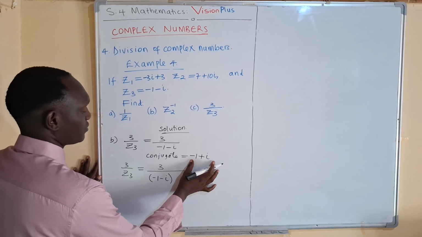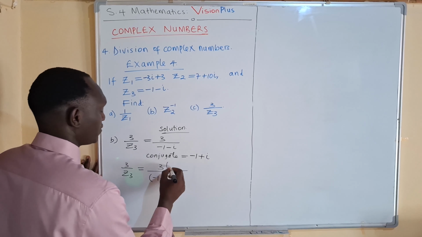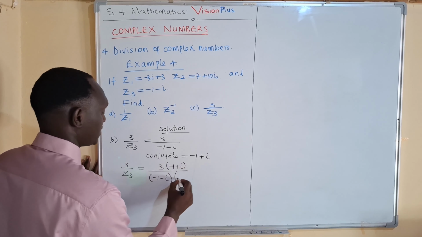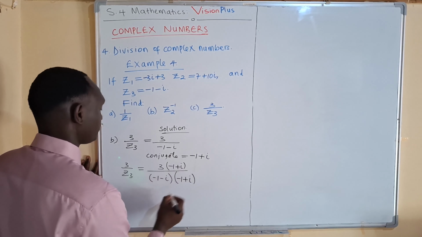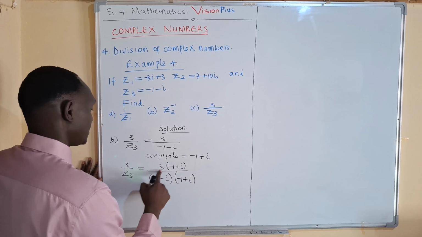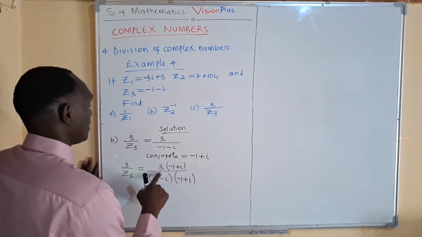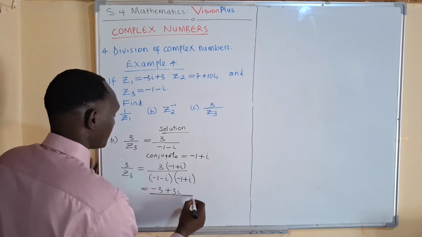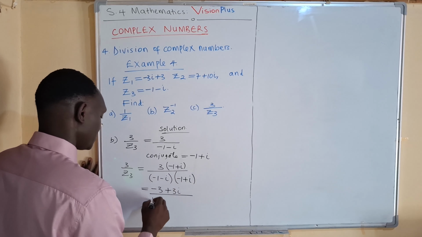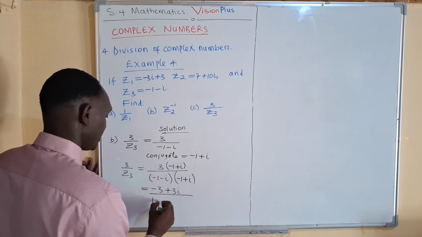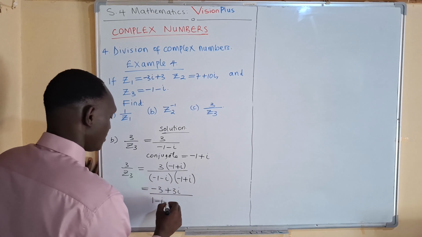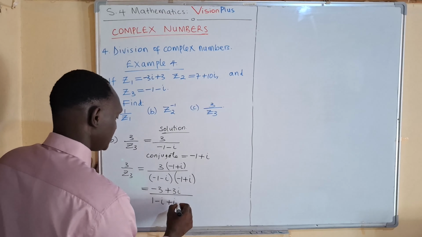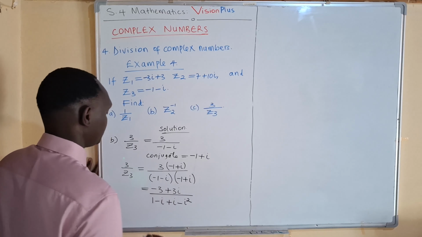So 3 over Z3 becomes 3 over negative 1 minus i, but now we need to apply the conjugate. So multiply the numerator by the conjugate, which is negative 1 plus i. Also multiply the denominator by its conjugate, which is negative 1 plus i. And then we simply multiply. 3 times negative 1 is negative 3. 3 times i is positive 3i. Over negative 1 times negative 1, positive 1. Negative 1 times i, negative i. Negative i times negative 1, positive i. Negative i times positive i is negative i squared.